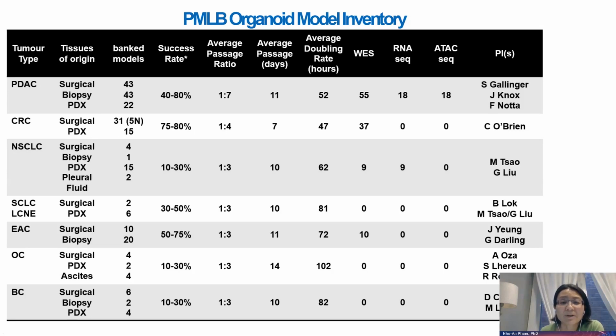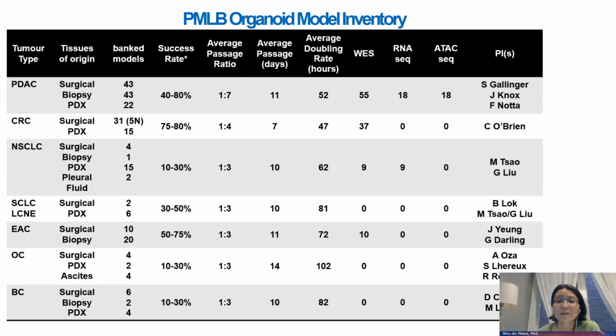We have pancreatic ductal adenocarcinoma, colon, lung, small cell, esophageal, ovarian, and breast. And here, the second column, you can see the different sources of tumor cells, from surgical biopsy and from the patient-derived xenograft tumors themselves. And we can see the breakdown of how many models have been successfully made. And you can see some features that Nikki's team has recorded here, that the organoid models do vary in their success rate.